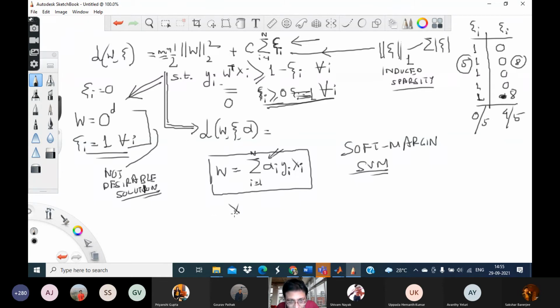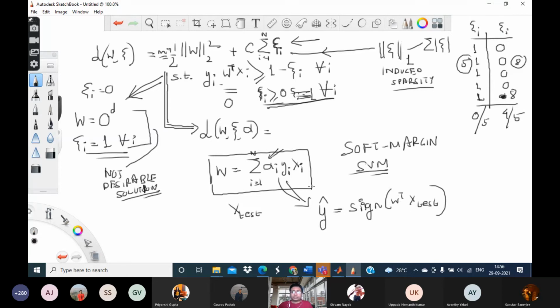Suppose a new test point comes, whose feature is x test. What do I have to do? I simply have to calculate y hat is equal to sign of W transpose x test.